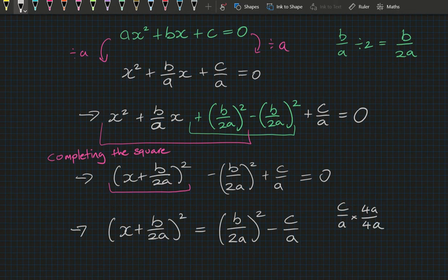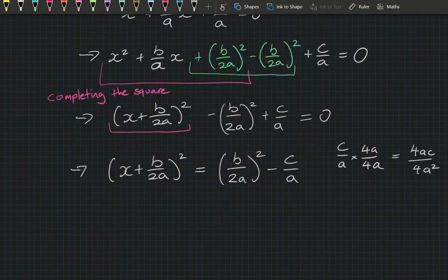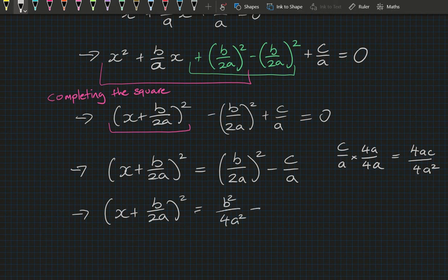And then if I expand that out, we get c times 4a or 4ac on 4 times a squared. And keeping that in mind, if I square the brackets on the right, we now get x plus b on 2a squared equals b squared on 4a squared minus 4ac on 4a squared. And looking at what we've got here on the right, you can see that I've done that deliberately to make sure our b squared and our 4ac are on the same base.